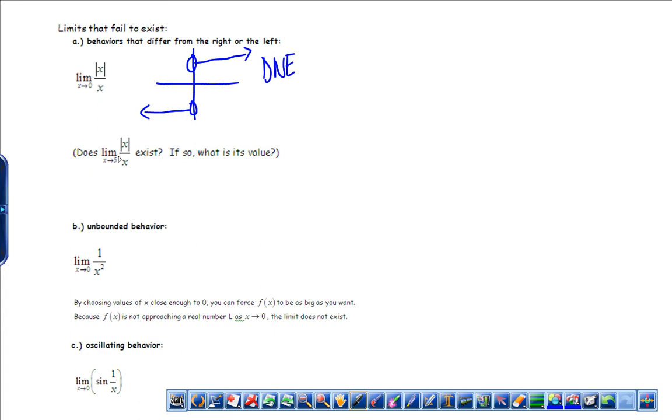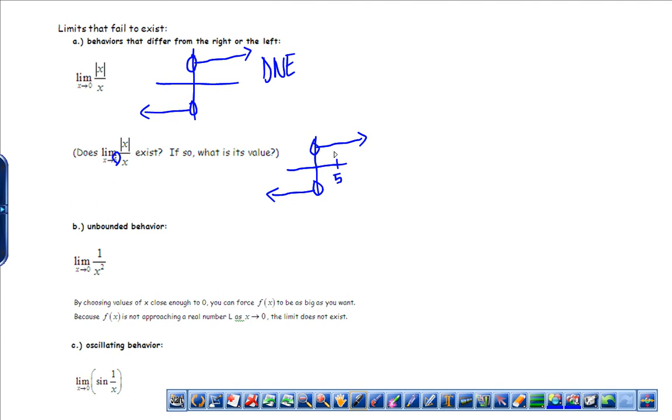Okay? Would my limit exist if I changed it to a number like 5? So let me draw that one here. It would still look the same picture. So let's look at 5. Would my limit exist if I looked at the number 5? Well, here is 5.